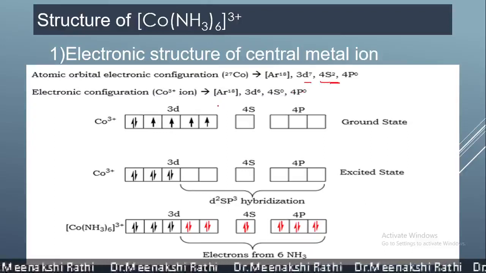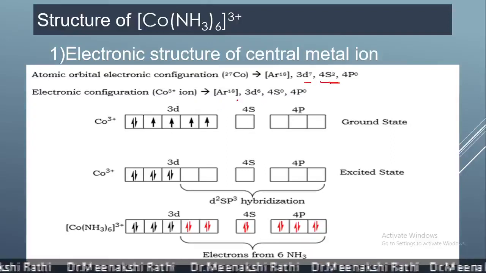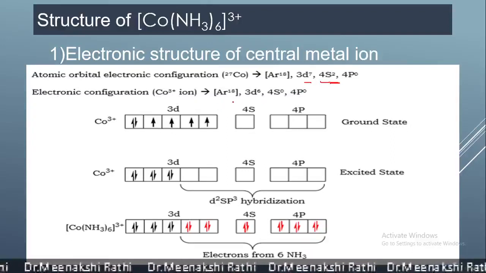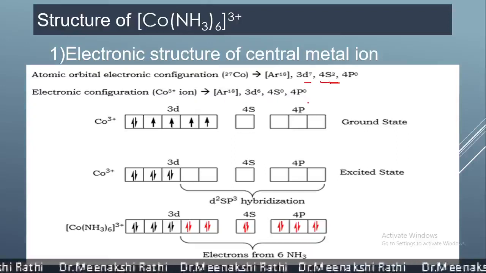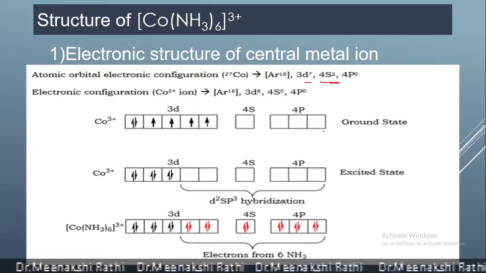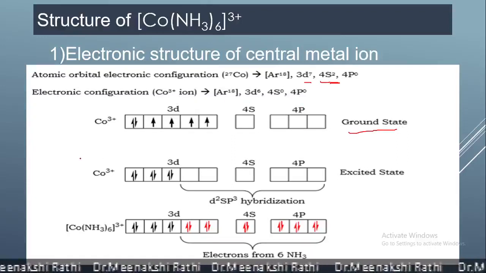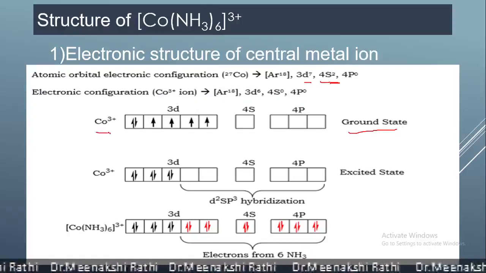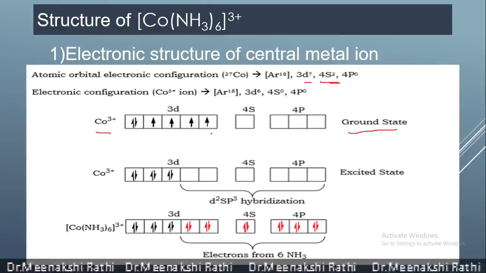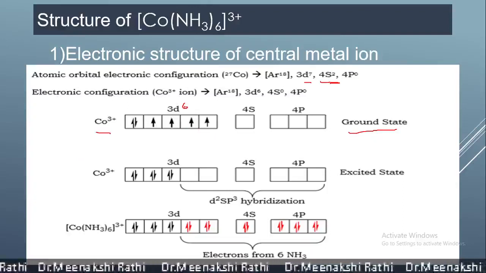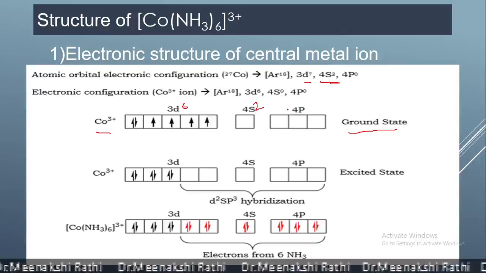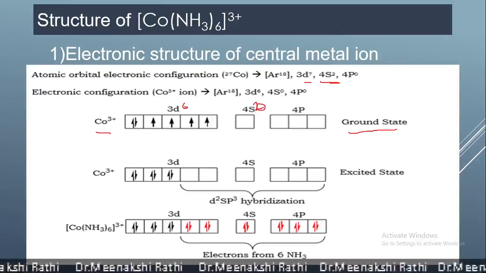So the electronic configuration of the Co3+ ion becomes argon 18, 3d6, 4s0, 4p0. In ground state, the electronic configuration of the Co3+ ion in box diagram is written like this. It has 3d6, 4s0, 4p0.